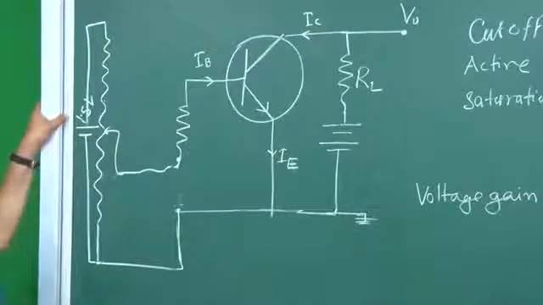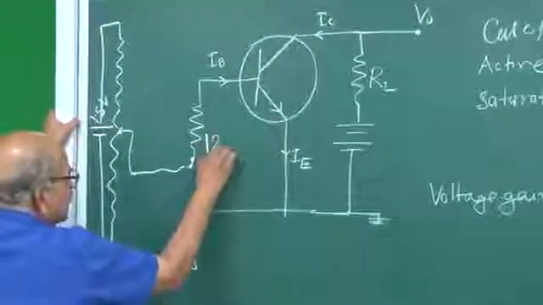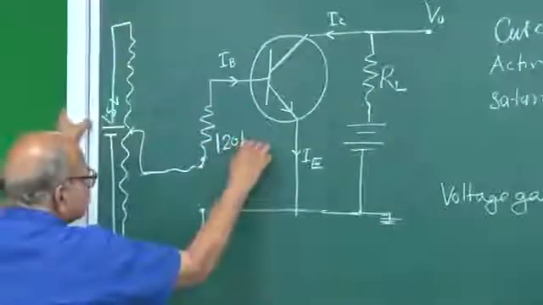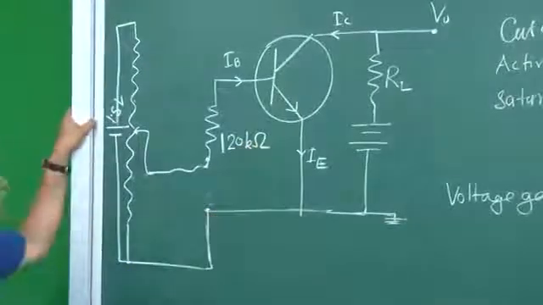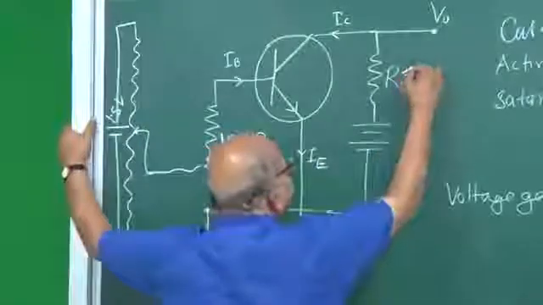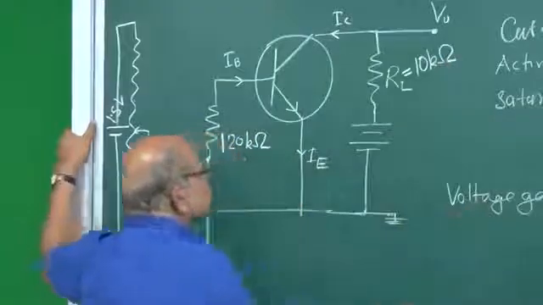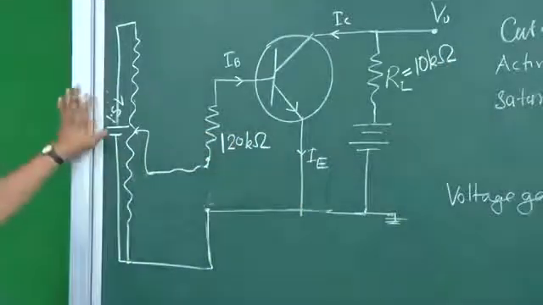Then the values of the resistances: here we will be taking a 120 kilo ohm resistance, and this RL we will take as a 10 kilo ohm resistance. This is the 1.5 volt cell.